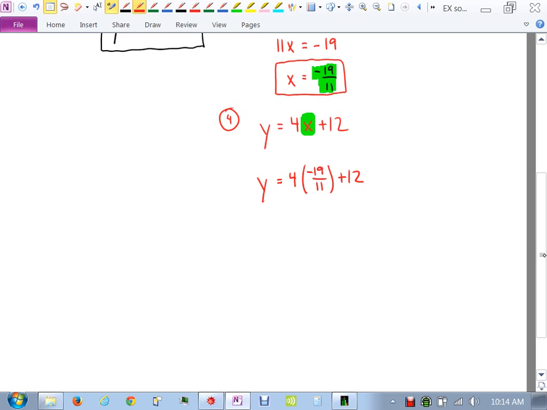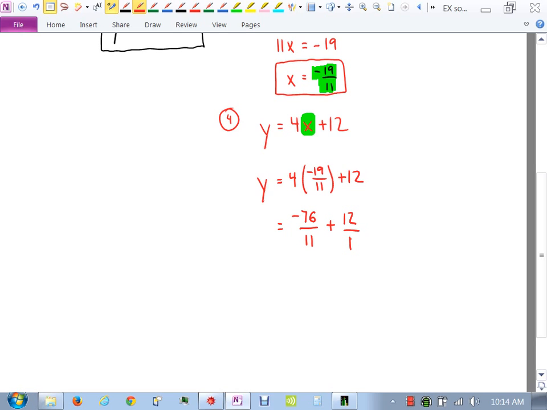What's 4 times negative 19 over 11? You can use a calculator. Negative 76. Negative 76 over 11 plus 12 over 1. Are y'all following this?